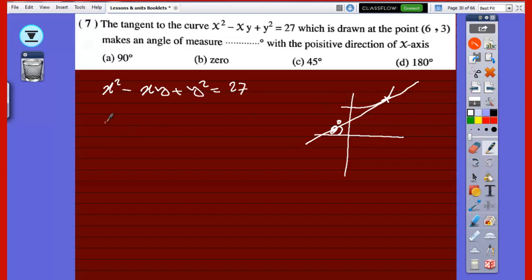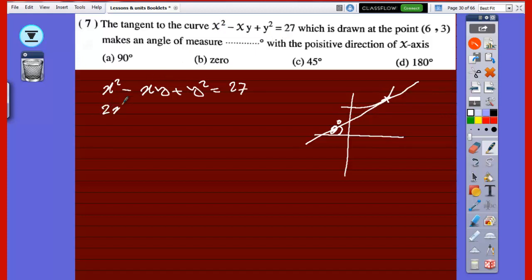We just represent a simple part of the curve. So we start finding the slope of this tangent to the curve at the point (6, 3) by differentiating both sides with respect to x.